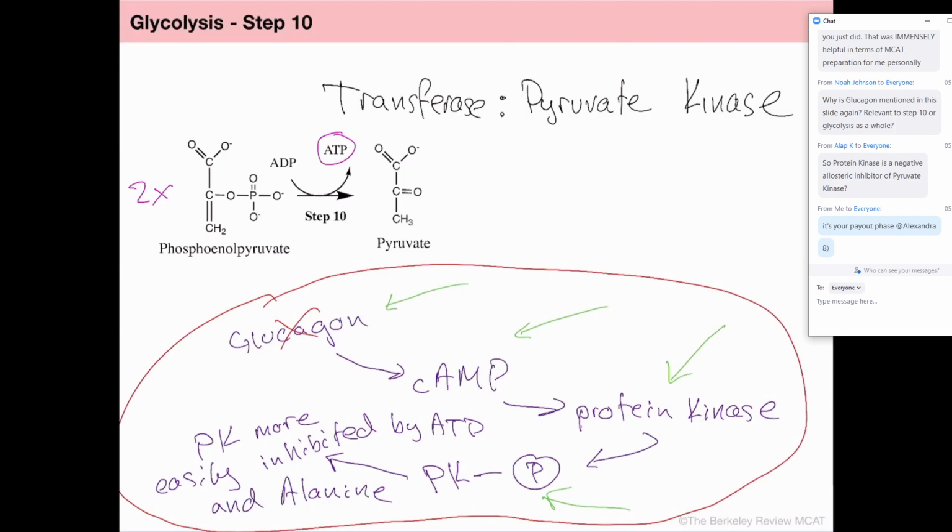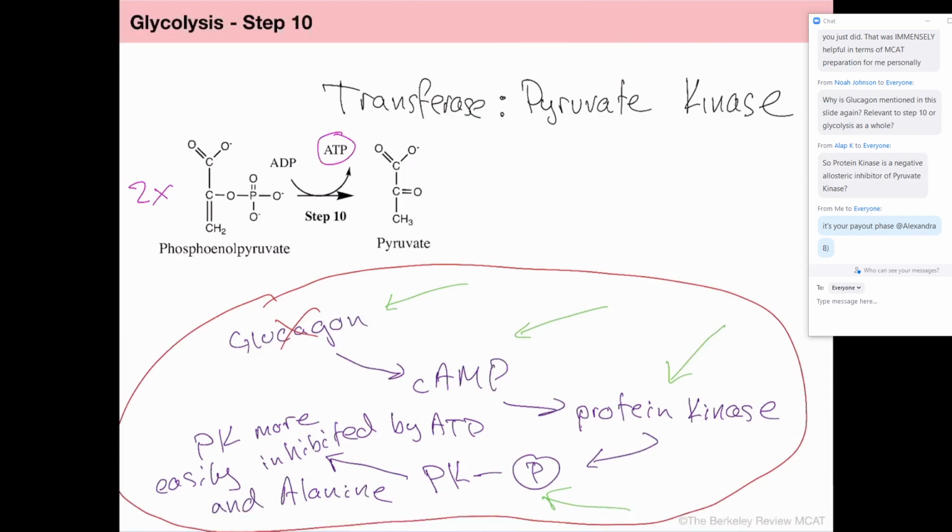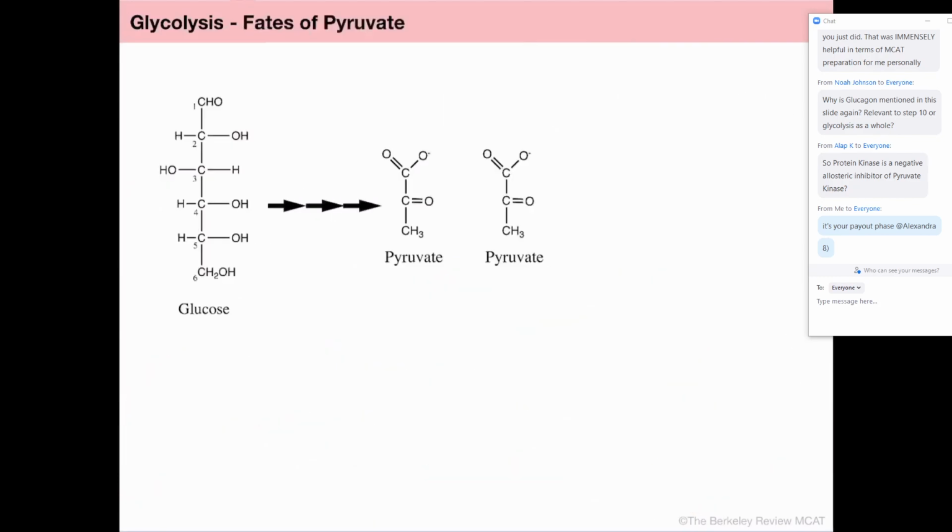And depending on what enzyme gets phosphorylated, that enzyme is either going to be more activated or less activated. And that's probably the most common thing on the MCAT: pathways like this, where something gets phosphorylated and that increases or decreases a function.